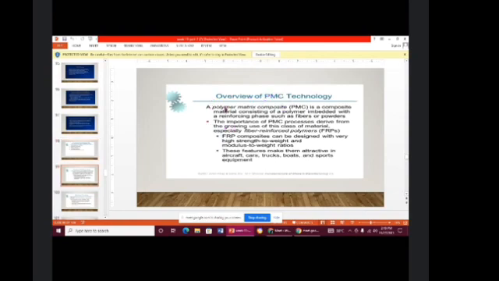So, what is a polymer matrix composite? It is a composite material consisting of a polymer embedded with a reinforcing phase such as fibers or powder.